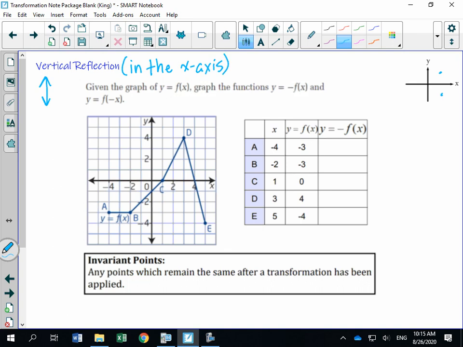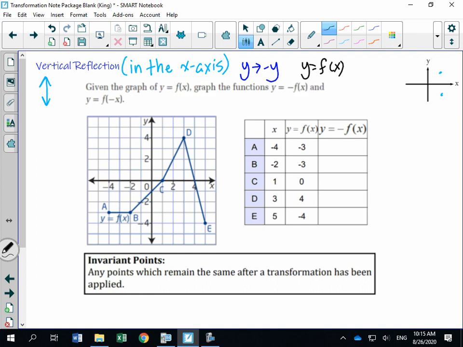Then I always like saying, what was the replacement, right? Which coordinate stayed the same and which coordinate became negative? When you move down and cross the x-axis, your y value was the one that was replaced and became negative. So y went to negative y. So then I always like saying, okay, y is equal to f of x.